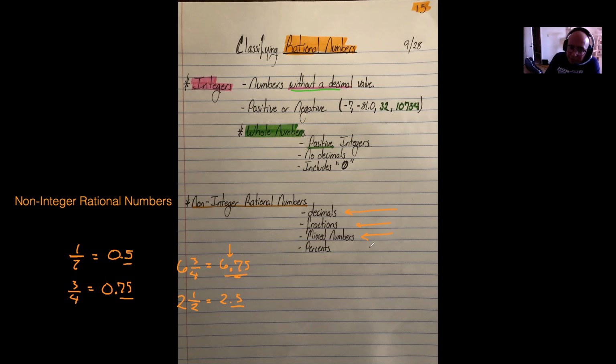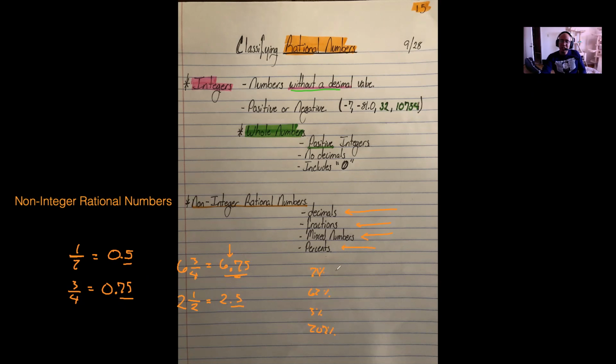Now this last one, typically speaking, percents are not rational numbers. I'm talking about things like 71%, or 62%, or 3%, or 207%, okay?